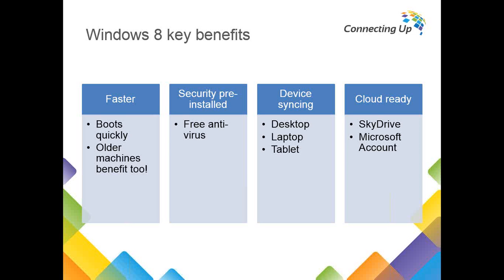Another great feature is that they have pre-installed their security software that's packaged with Windows 8. Microsoft have been running free anti-virus and anti-malware software for a while now, but in previous versions of Windows you had to go to the Microsoft website and install that yourself, but now they're rolling that in with Windows 8 itself.